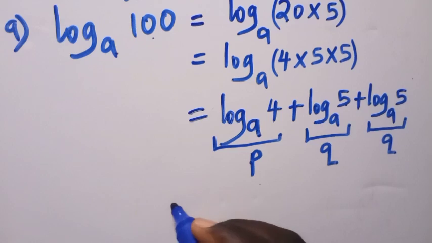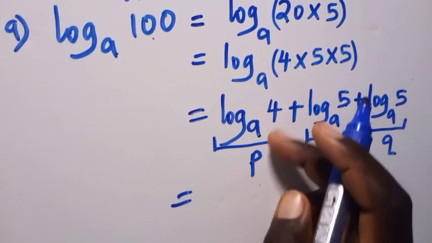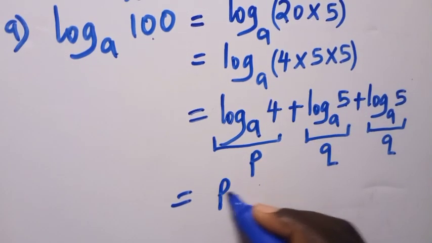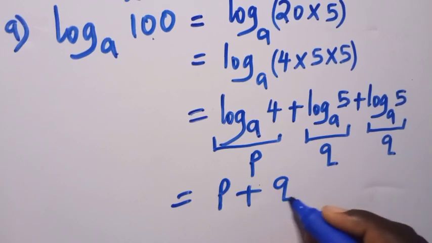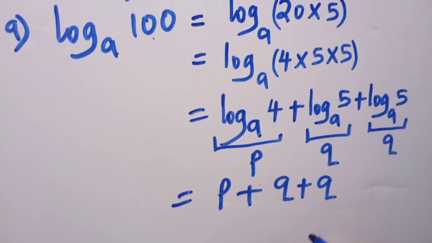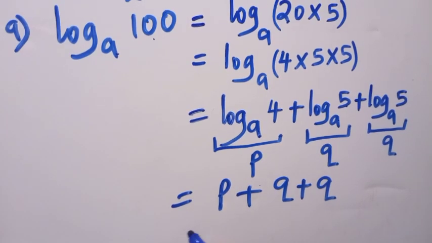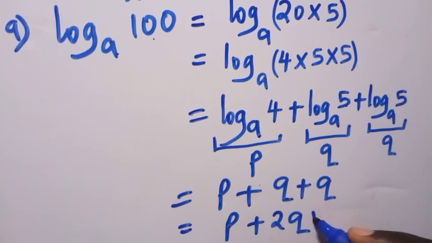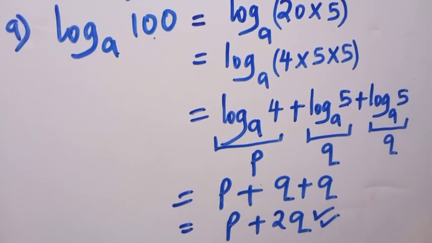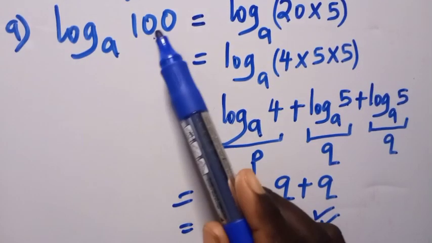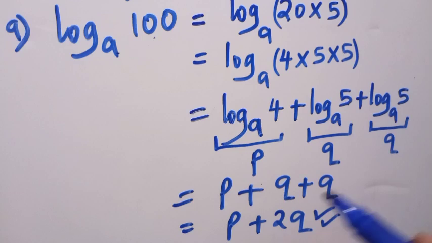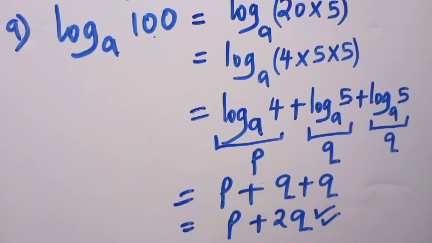That means instead of this, we shall have p, that is p plus q, then plus q. And in this case, that is p plus 2q. That is the answer that we obtain, because we have expressed the logarithm of 100 to base a in terms of p and q.